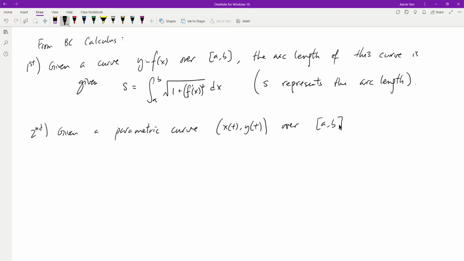Important to understand is that in the first case, from a to b is x going from a to b, while here from a to b will be for t going from a to b. Actually, I'm going to fix it right now just so that it's clear.